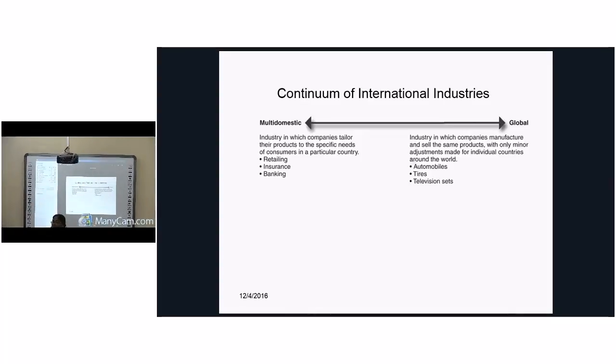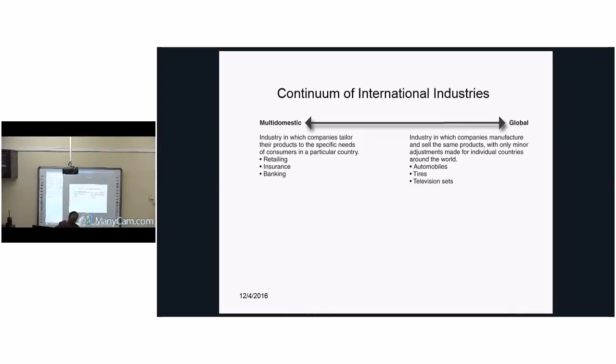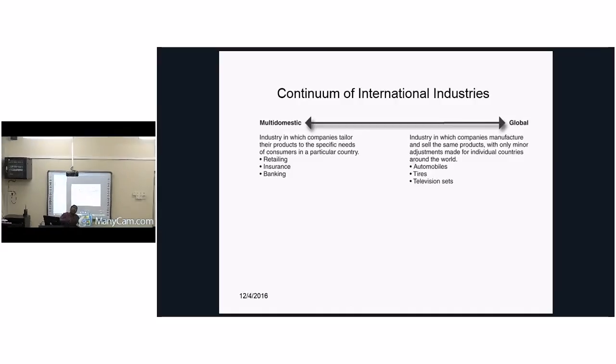So global companies produce their product for the whole market around the globe. Based on the continuum of internationalization, the pressure from these forces is different.